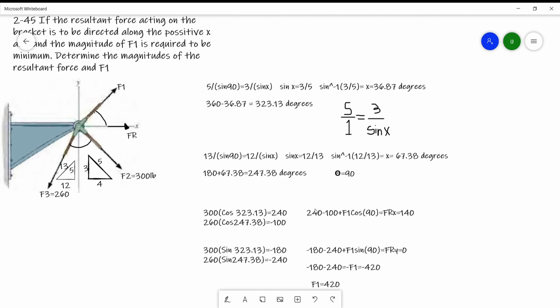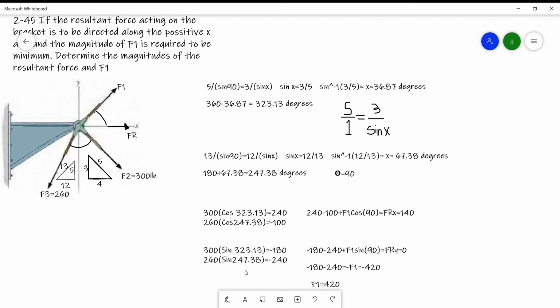Okay, well, now I'm going to pass to the Y components of the force. So here I have my second force, which is going to be equal to 300 multiplied by the sin of my angle, which is going to be equal to minus 180, which, yeah, it's negative, it's in the third quadrant.